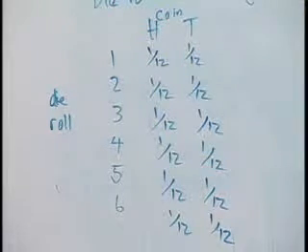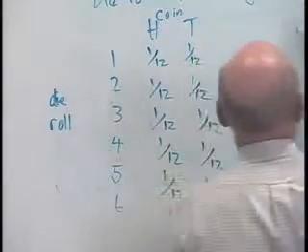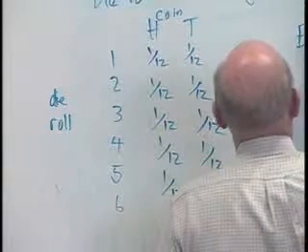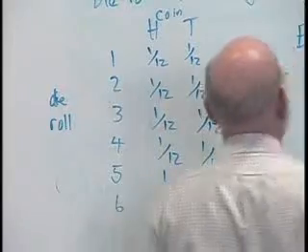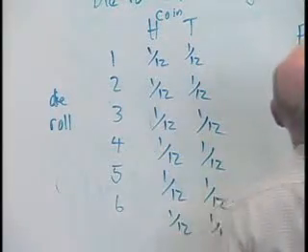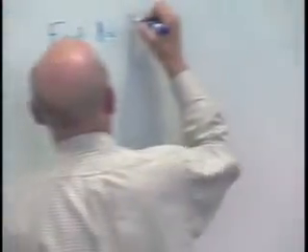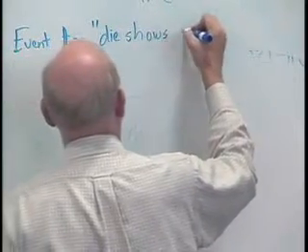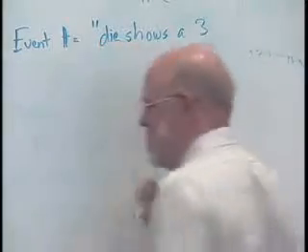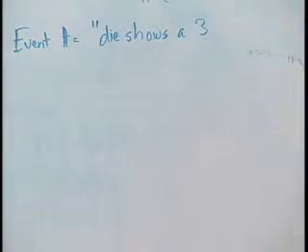Now, let's pick some events. Event A is, well, we'll be sloppy about this first. Die shows a 3.